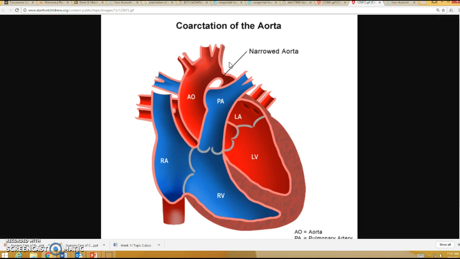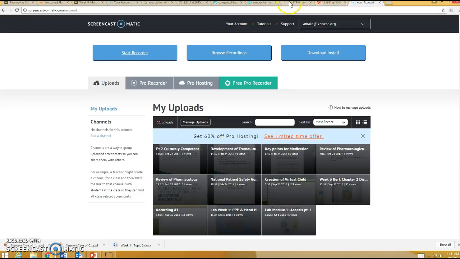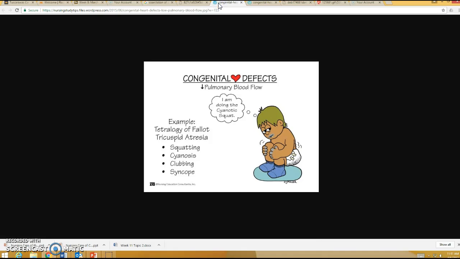So if we took a blood pressure on a right upper arm and a right lower arm, we would expect much higher pressure on the upper extremity. And oftentimes in school-age children and middle school-age children, this is when mild coarctations are caught, because they do this blood pressure check in both extremities. So that is coarctation of the aorta. Okay, moving on.